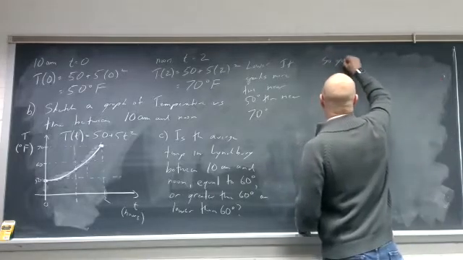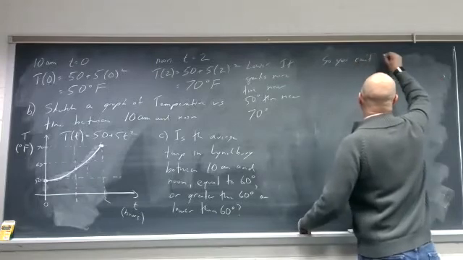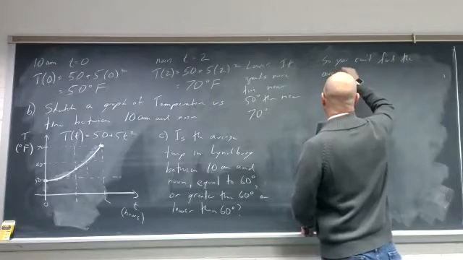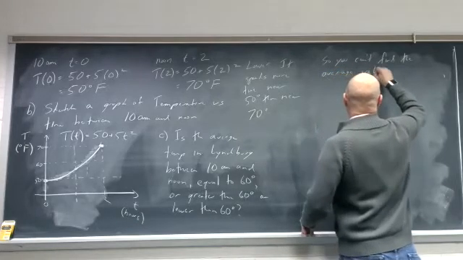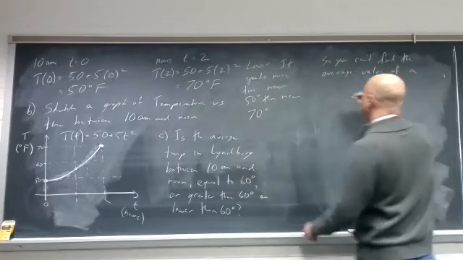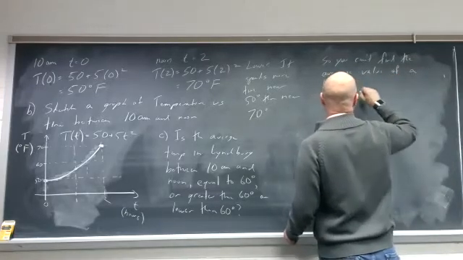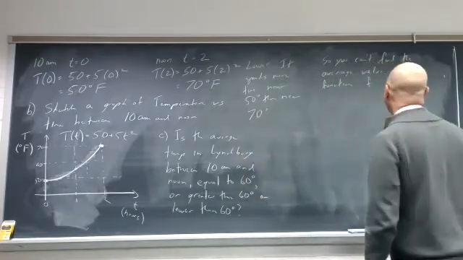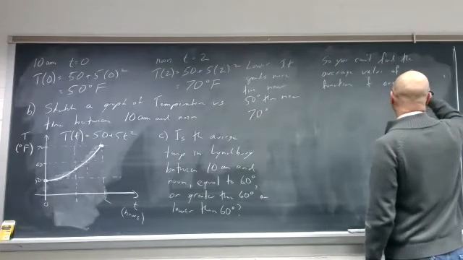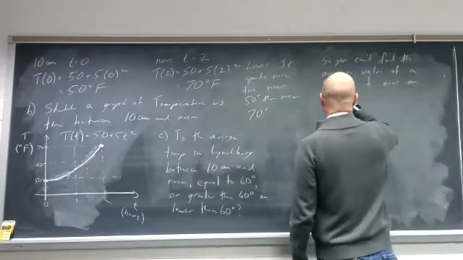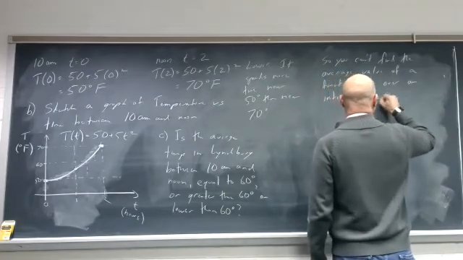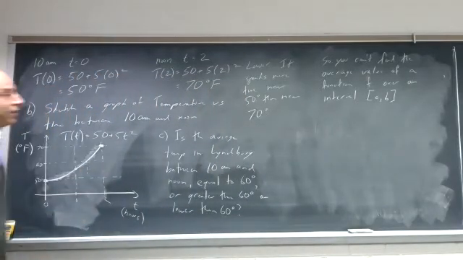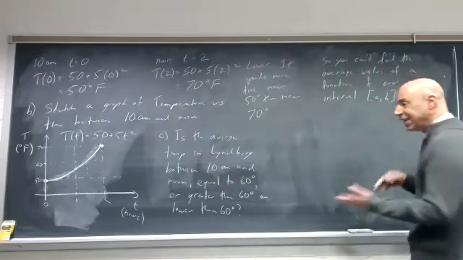So you can't find the average value of a function f over an interval AB, in this picture 0 to 2, by averaging the value of f at the beginning and end.